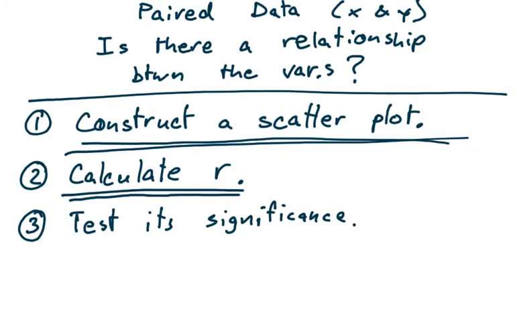And so what we will do after we have calculated it is test its significance. And the nice thing about this is we actually have 3 ways of doing this. We have our traditional method, which we saw an example of. We have the p-value method, which we've done using the t-distribution numerous times.